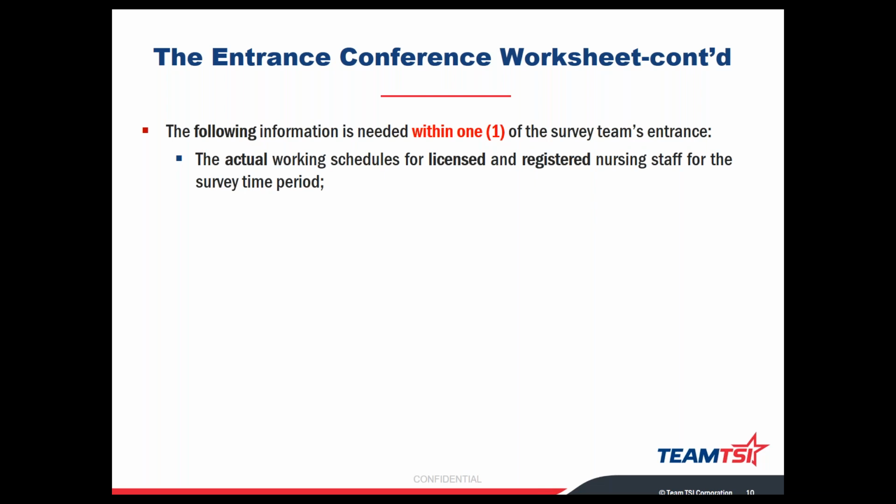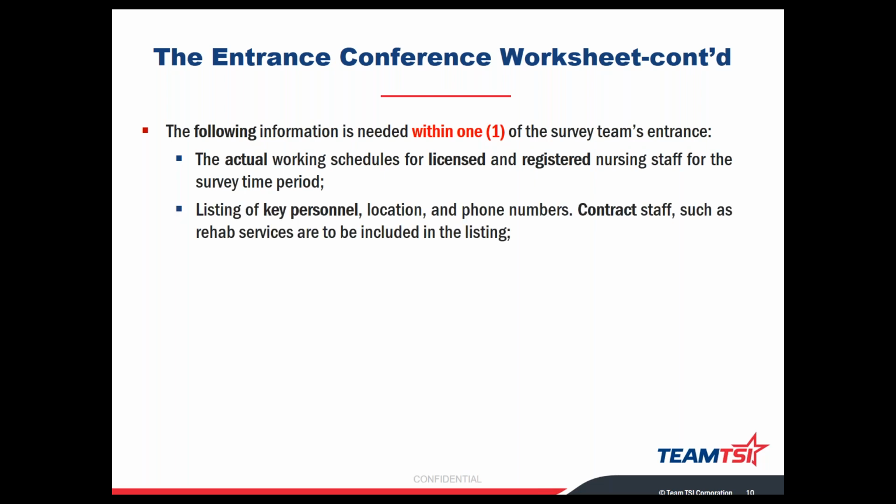And that's going to include your working schedules for your licensed and registered staff for the survey time period. Again, it should only be a 1 to 2 day survey. A list of key personnel, their location, their phone numbers, any contract staff that you're utilizing, rehab services, agency staff, and they'll want to look to see what type of training, observation, competency may have been completed on them as well. How to access the resident electronic health records.